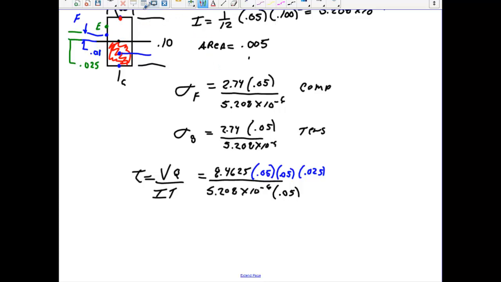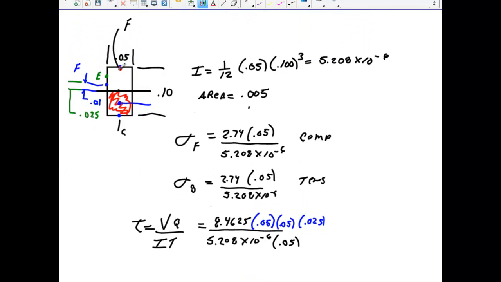All right, now let's talk about this. This is a good point. Please listen carefully. If he asks you what the shear would be at E, for example, what you want to do in that case is go ahead and block this out. I'm going to erase what I had down here.